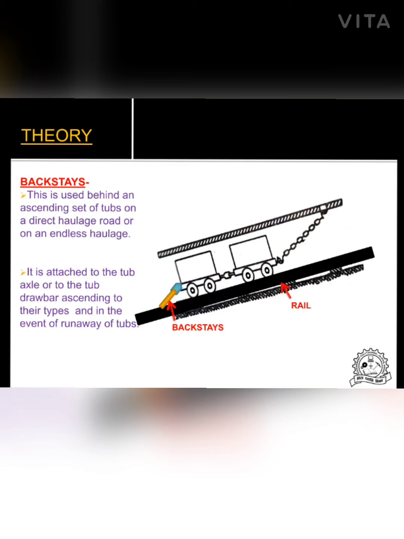So today we are going to discuss the backstay. What is a backstay? A backstay is also a safety device which is used to prevent any kind of accident or injury during the transportation of material, and it prevents the downward or backward movement of the tops.